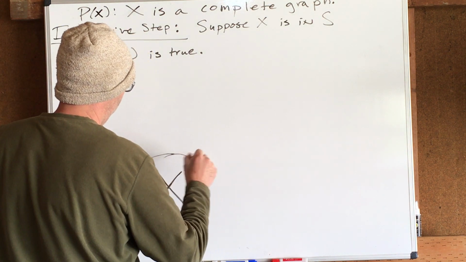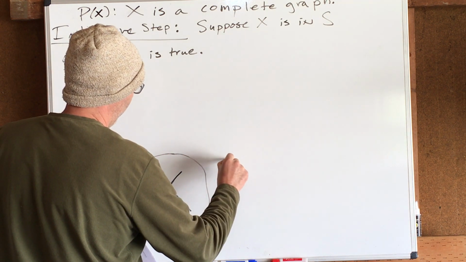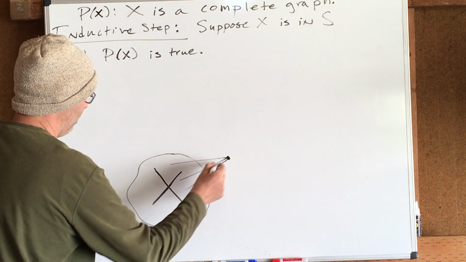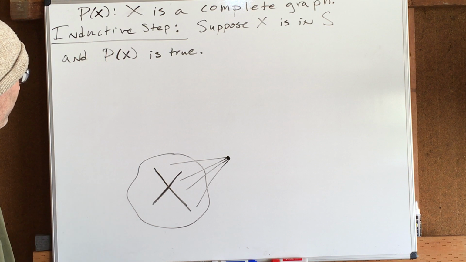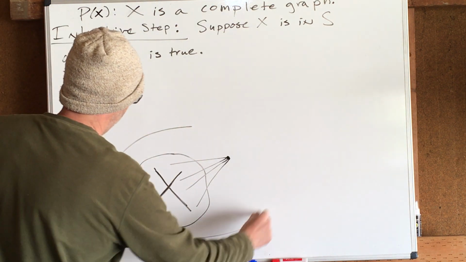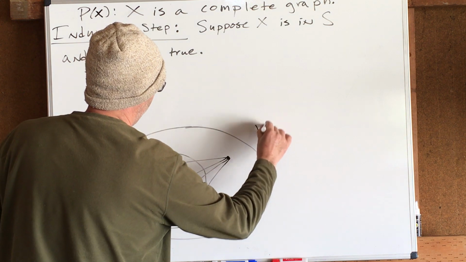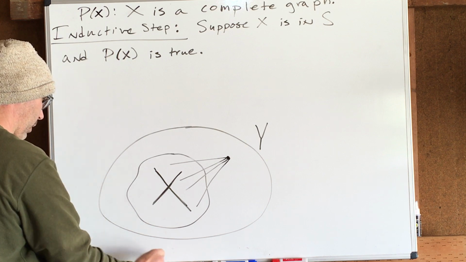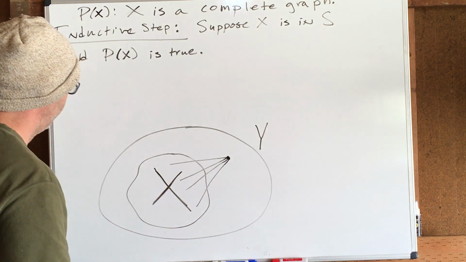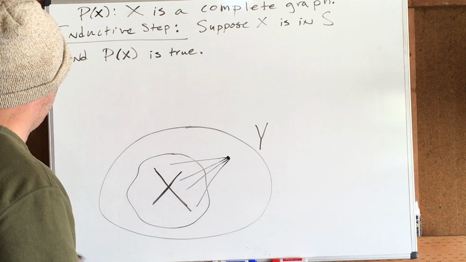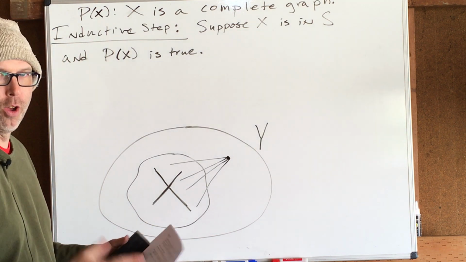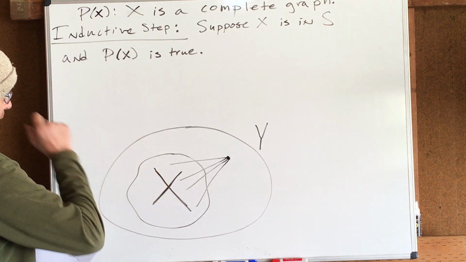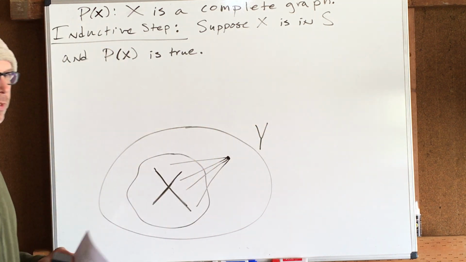Okay, and then now y is the graph formed by creating a new vertex and connecting that to all of the old vertices of x. So the whole thing is y. Remember, a complete graph has all possible edges. So our assumption is that x has all possible edges, and then we just need to show that y has all possible edges.